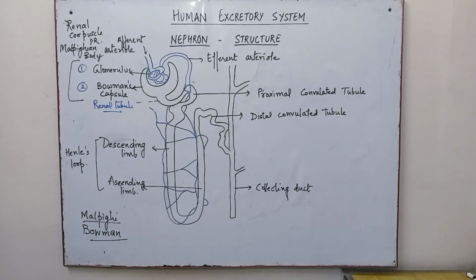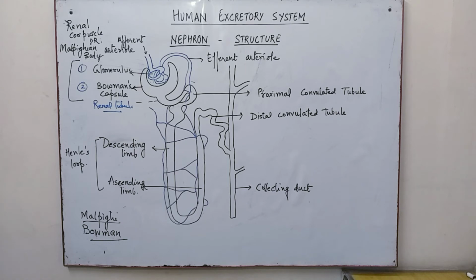The descending limb is almost in continuation with the PCT, and over here the cells have very few villi. Brush border cells are reduced. And the ascending limb then finally leads to the distal convoluted tubule, which is known as DCT.